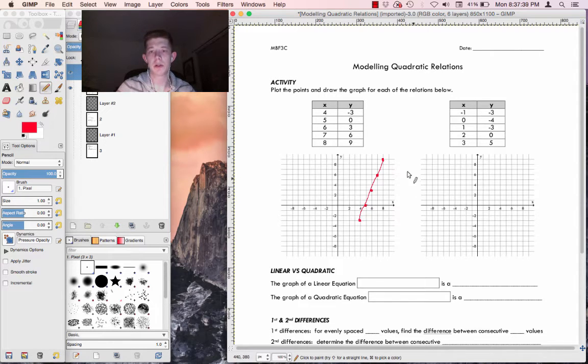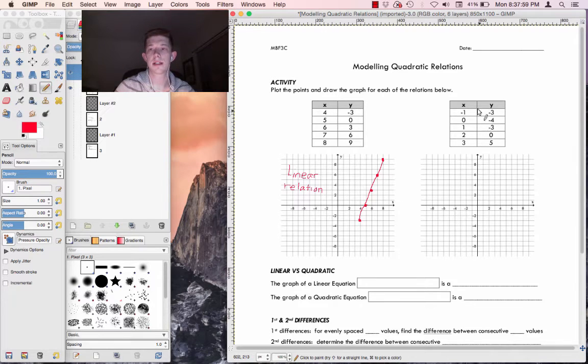Now, that's the best I can do. Sorry, it should be a straight line. And we call this a linear, L-I-N-E-A-R. We call it a linear relation, or a linear graph or linear function or something.